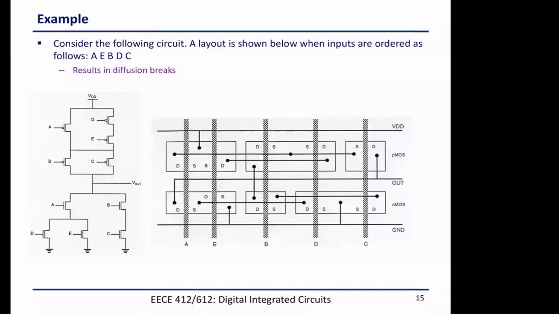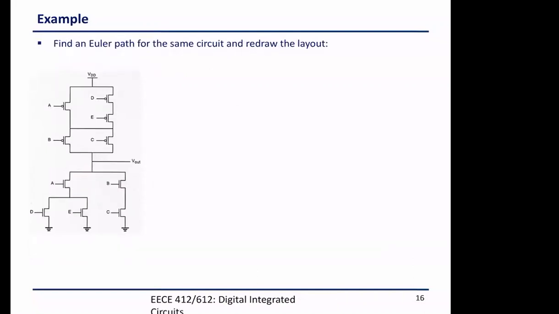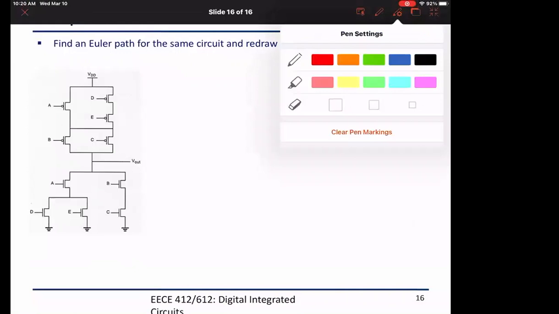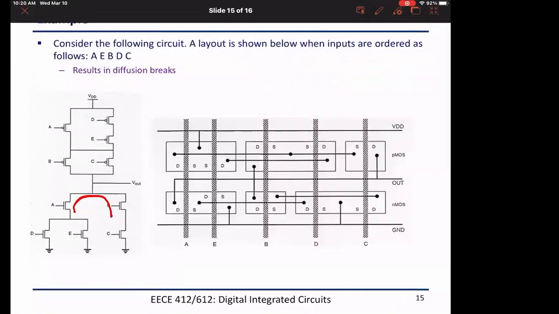Why? Because in the NMOS I already have A, B, and then AE. So if we look at the NMOS, let's go back to the previous slide.